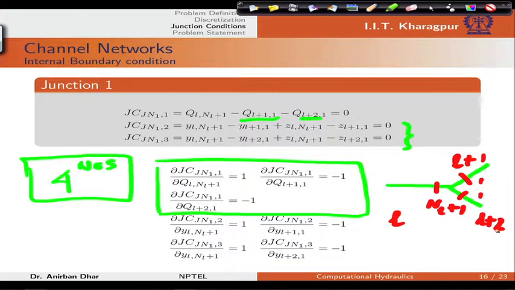From the next two equations we have two variables each. So, for these 3 equations we will get a total of 7 entries in the Jacobian matrix. Corresponding to the first continuity equation we will get 3 entries, and for the next two we will get 2 entries each.